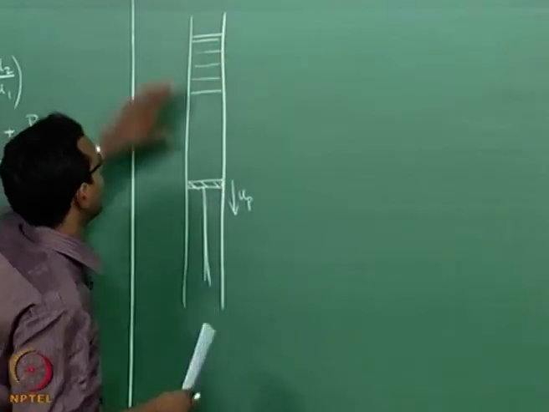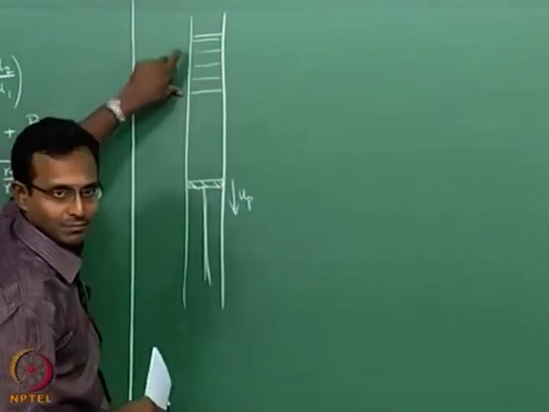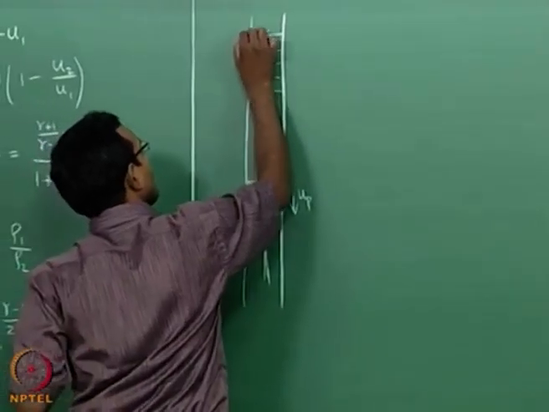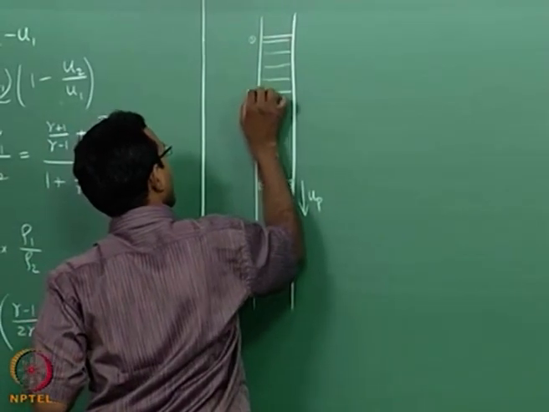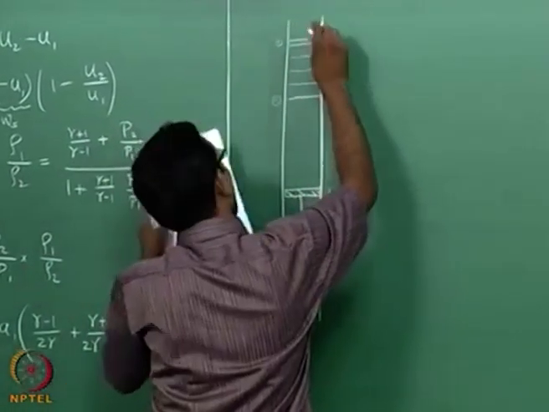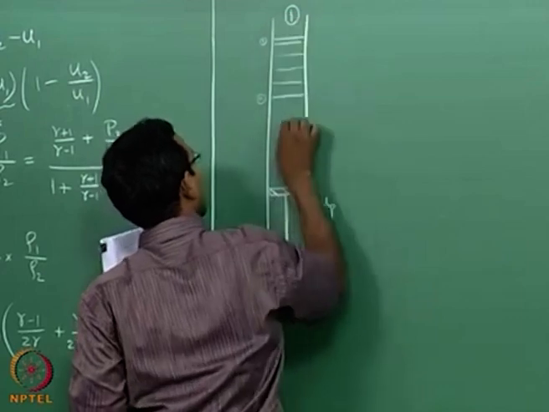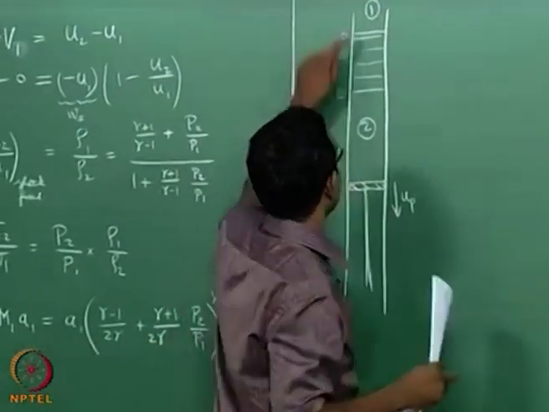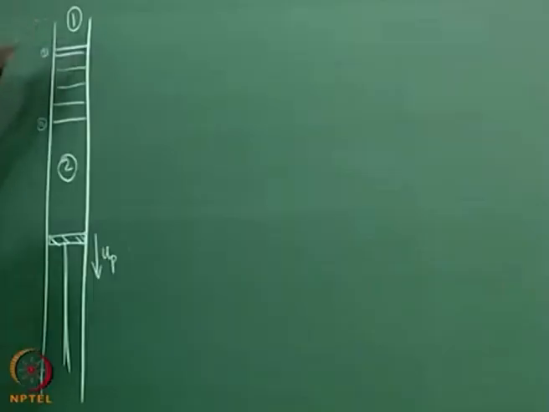They are going to look something like this. This is the first wave and this is the last wave. I will put 1 and n here, first wave and last wave, and I want to label this state as 1, this state as 2, similar to what we did there. 1 is before the wave affects the problem and 2 is after the wave affects the problem.